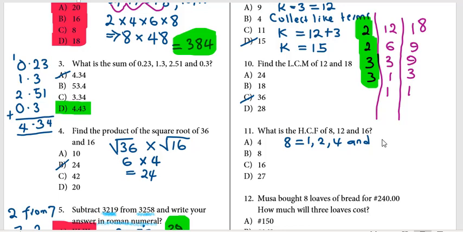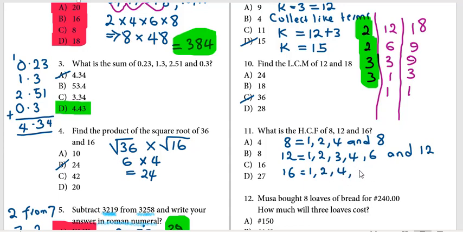Now remember that factors are numbers that can divide a number without a remainder, and note that 1 is a factor of every number, and every number is a factor of itself. 2, 3, 4, 6 and 12 can divide 12. 1, 2, 4, 8 and 16 can divide 16. So factors of a number are those numbers that can divide that number without a remainder.